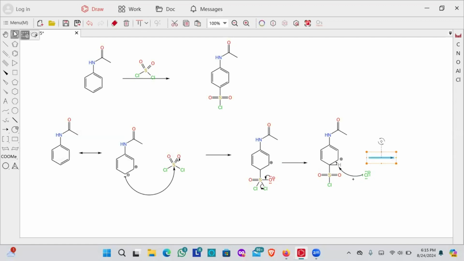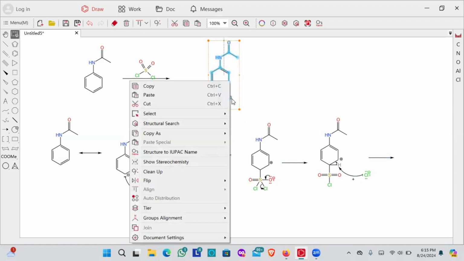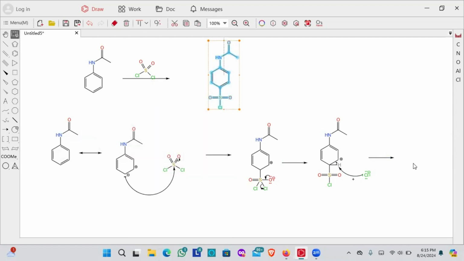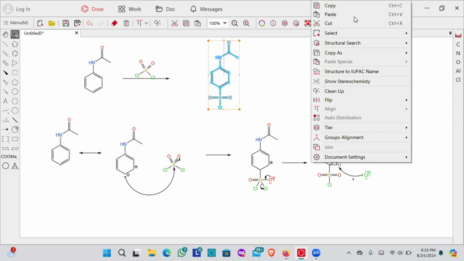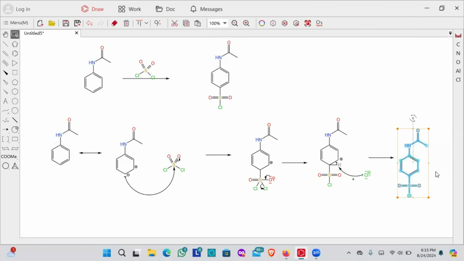Okay, so we're going to end up with this as the final product, as well as hydrochloric acid. Now let's also show the hydrochloric acid, plus HCl. These are going to be the final byproduct. So we're going to use this to form the next product.